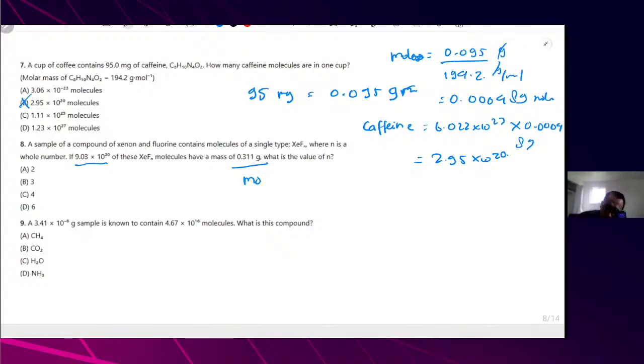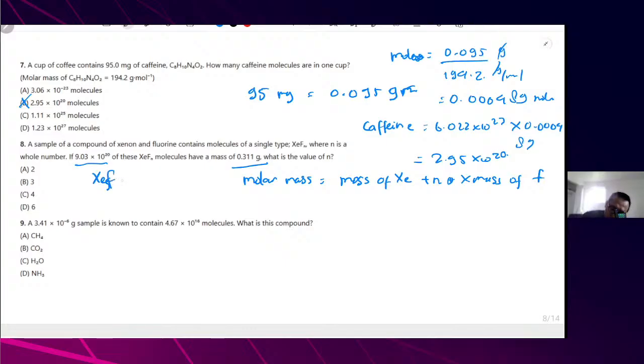So molar mass is the mass of xenon plus n times the mass of fluorine. Now, first, we need to know the gram of this one.